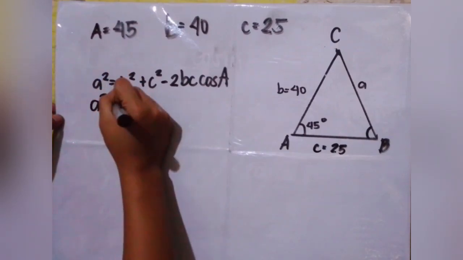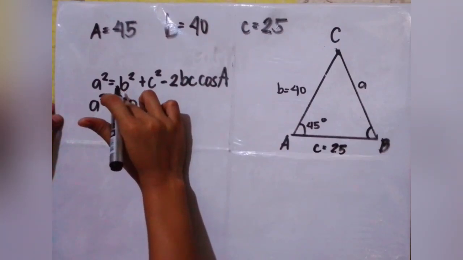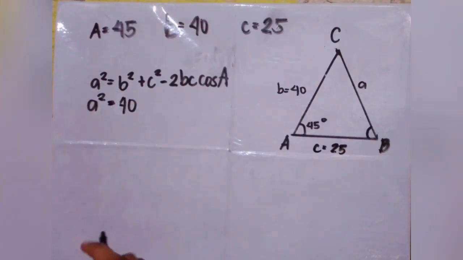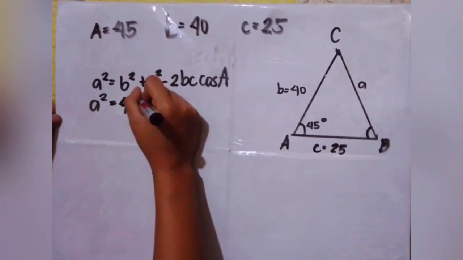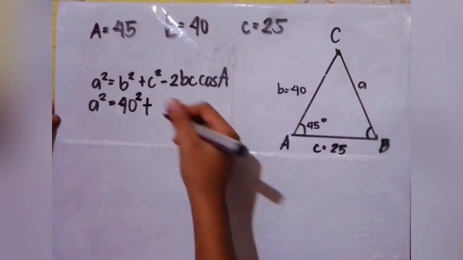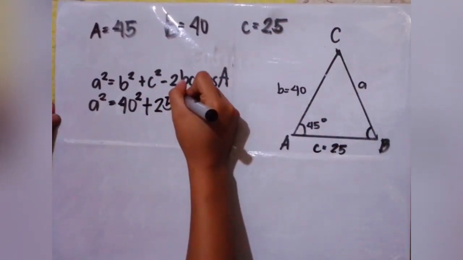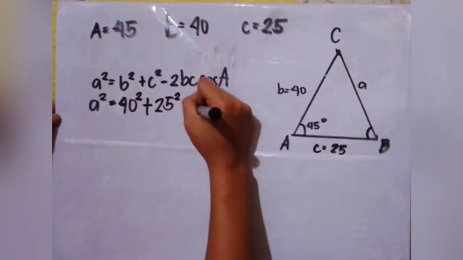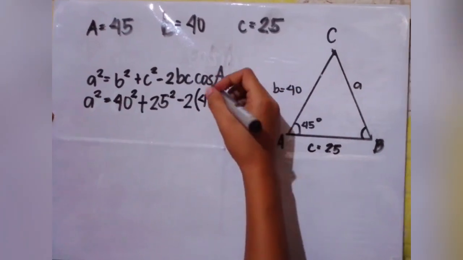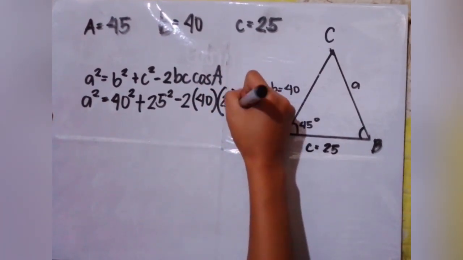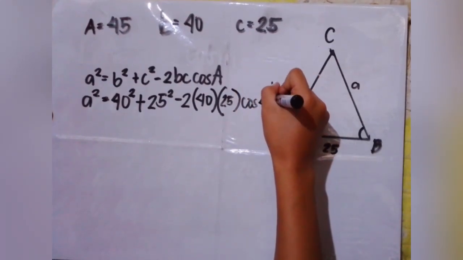A squared is equal to 40 squared plus 25 squared minus 2 times our side B, which is 40, and our side C, which is 25, times cosine 45.